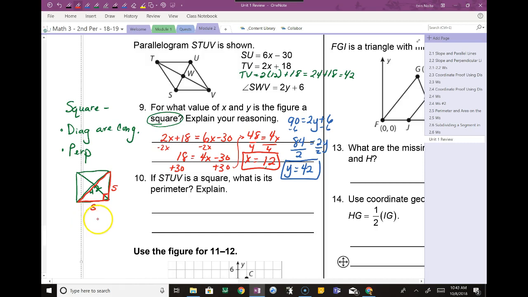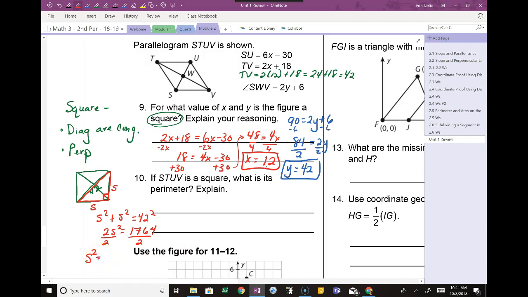So I'm going to set that up as s squared plus s squared equals 42 squared. So that makes 2 s squareds here. I'm going to go ahead and square 42, and 42 squared is 1,764.